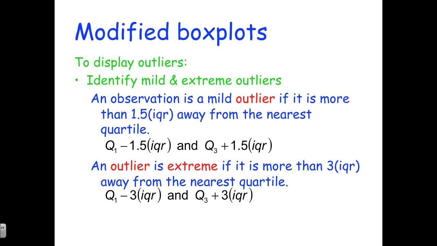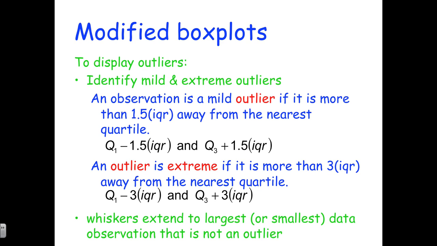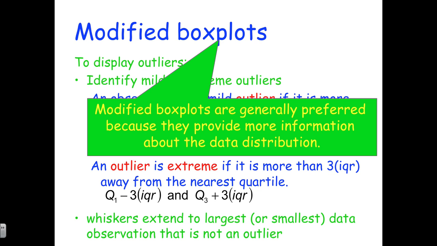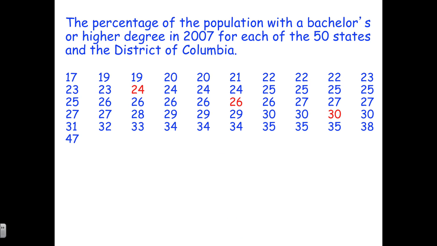So the same computation, but this time 3 times the IQR. That's pretty far from the bulk of your data, the middle 50%. The whiskers would go to the largest or smallest data observation that's not an outlier, and then you make your dots for your outliers. Generally preferred because they do tell you about those outliers.